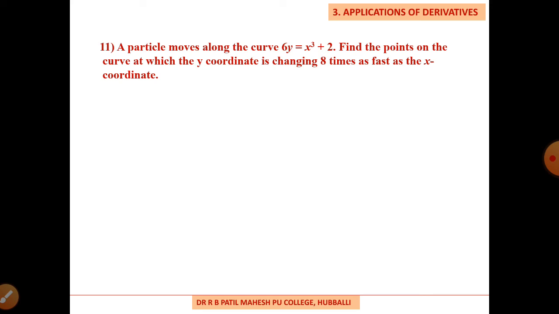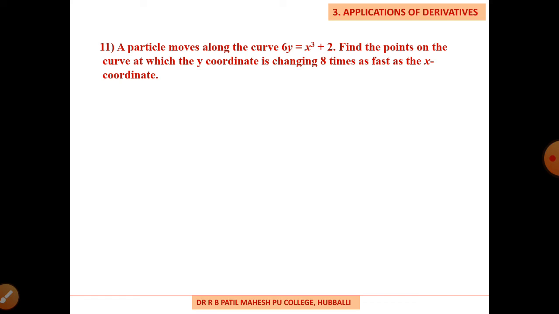So in this example, first thing is the given term. The given term is y coordinate is changing 8 times as fast as x coordinate. So here x and y, there are two coordinates, the xy coordinate.